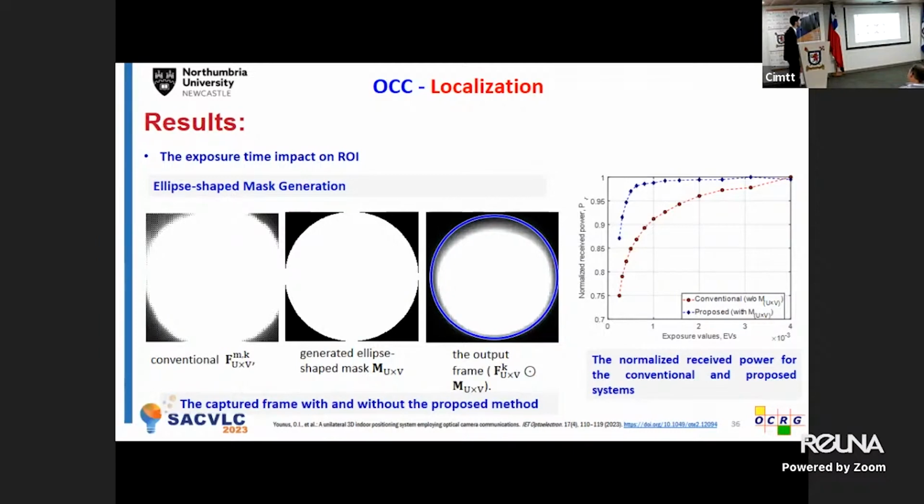Let's look at the difference in terms of exposure time. Here is the normalized received signal over the pixels. With this technique you can actually get the same accuracy along the way, meaning that I'm trying to localize the center of that light based on this technique, rather than depending on the exposure. So you sort of solve the problem of having different exposure times.